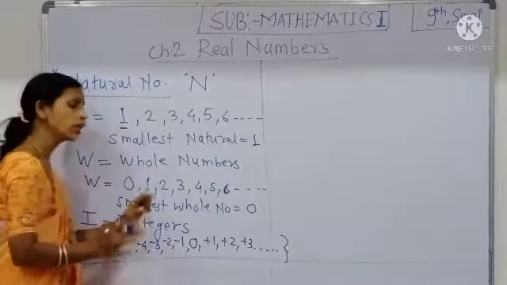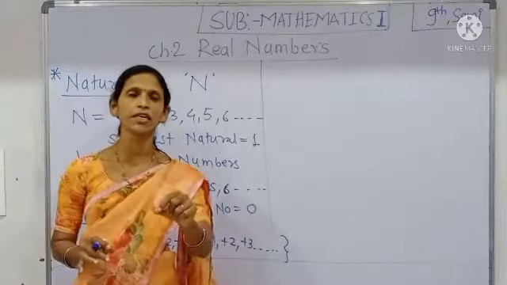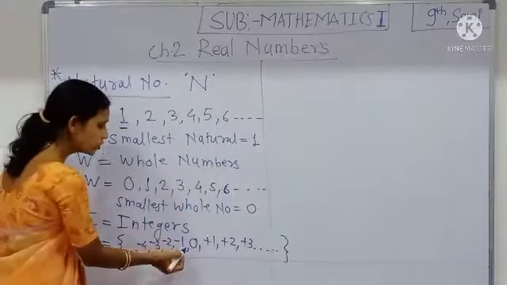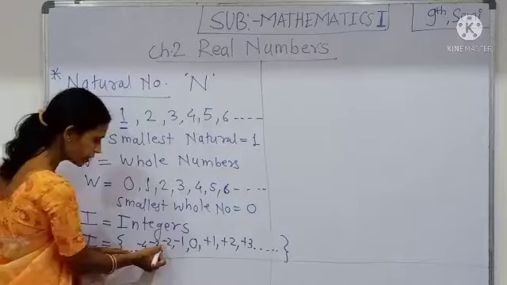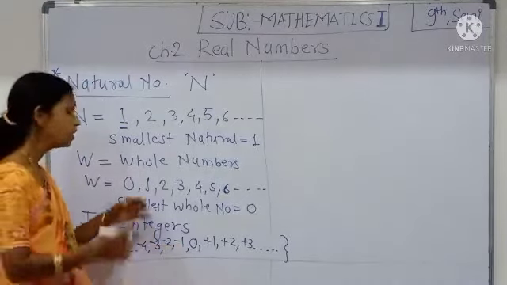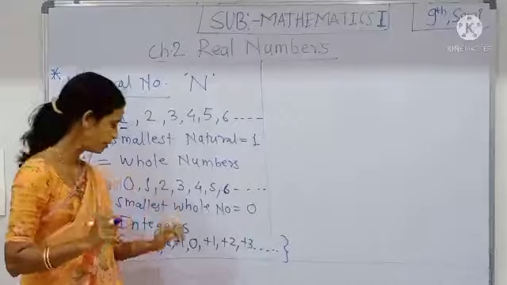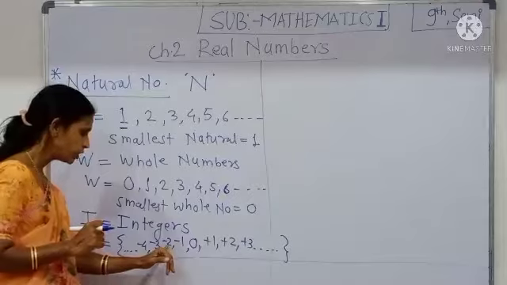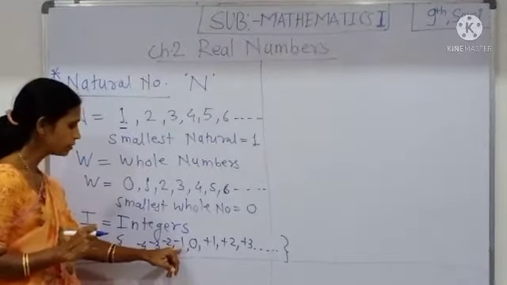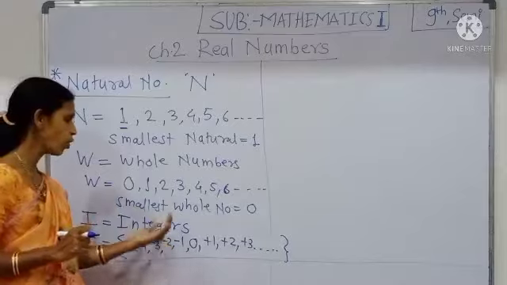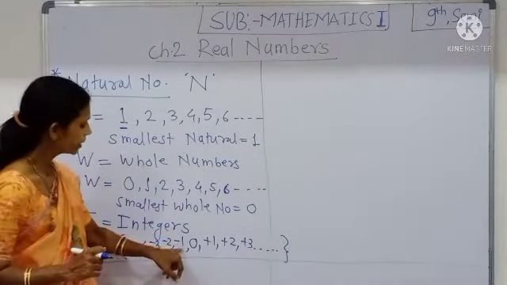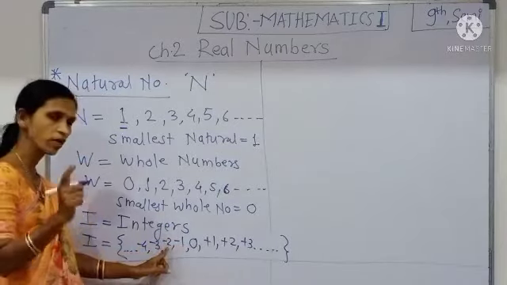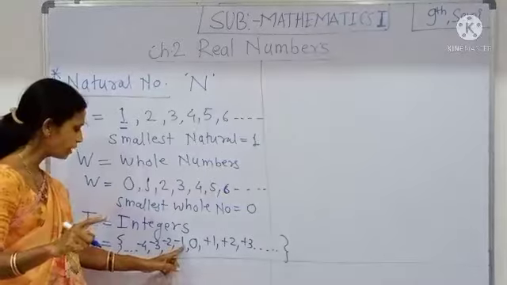Here we can't determine the smallest integer or the biggest integer. As we move left on the integer number line, the number to the left is smaller than the number to its right. For example, minus 2 is left of minus 1, therefore minus 2 is smaller than minus 1.